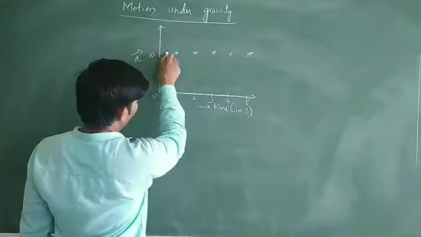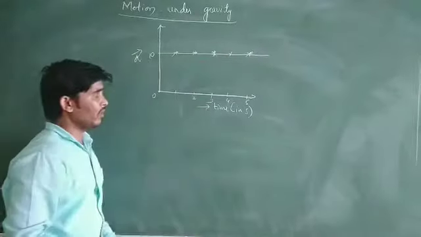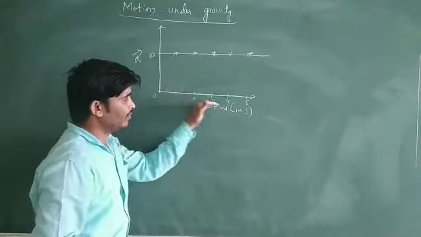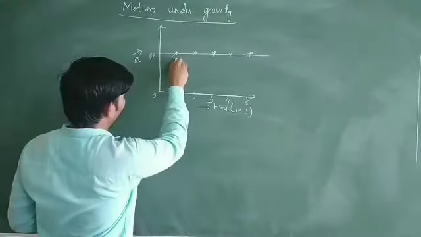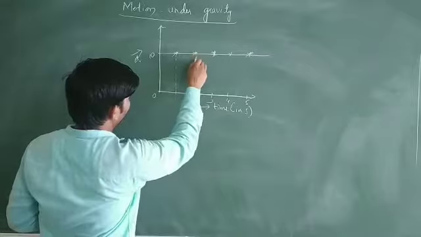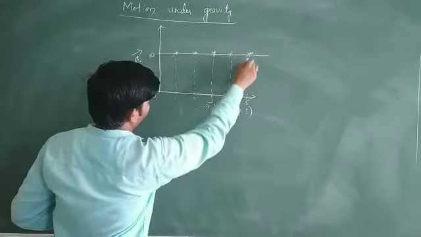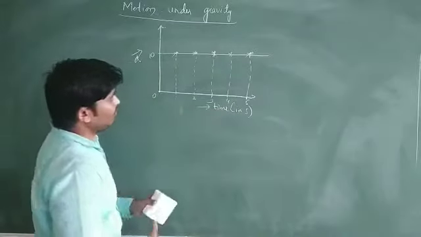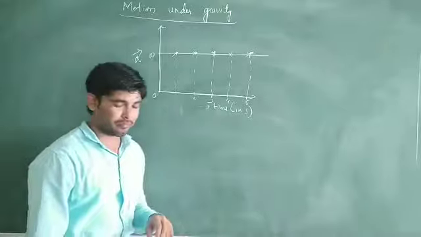Now if you join these points, you will get a straight line, parallel to the time axis. Now from each point, draw perpendicular lines to the time axis. So now this is the acceleration time graph for a freely falling body.